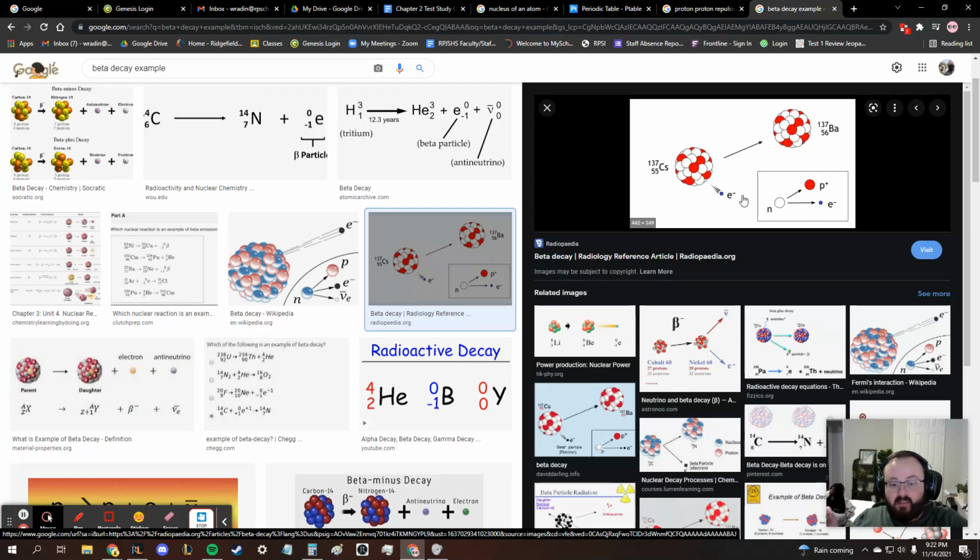So this is not one of those electrons that are circling the rest of the atom. This is from the nucleus, and it throws away that electron. That electron becomes known as a beta particle. It's not really that big, it's actually really small, but it's a small ball of hurtling electron negative charge.